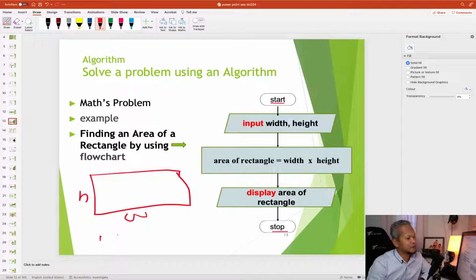So for better understanding, before we do the problem analysis, you need to do the IPO. Okay, so you need to know what is the input, process, and then output.